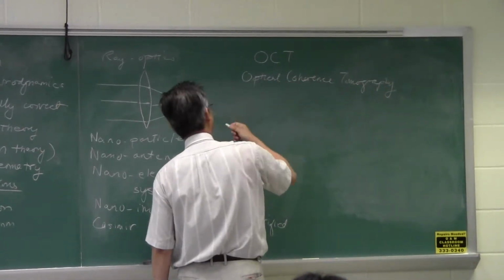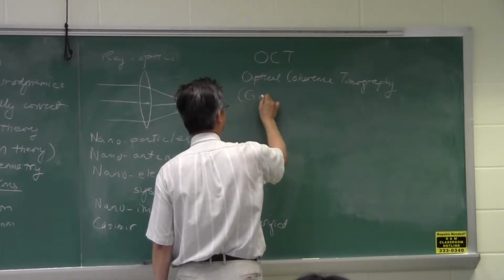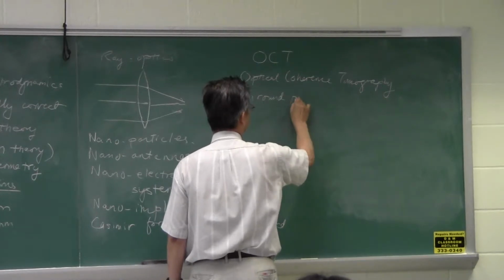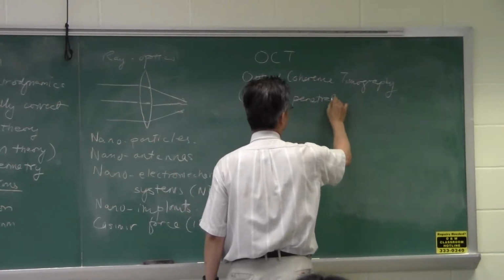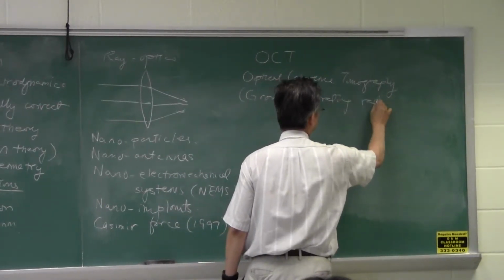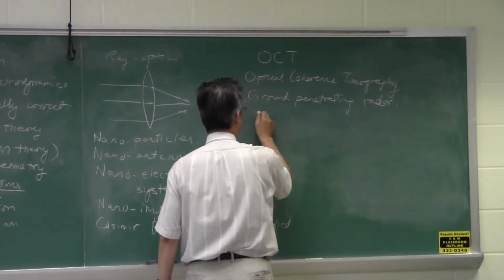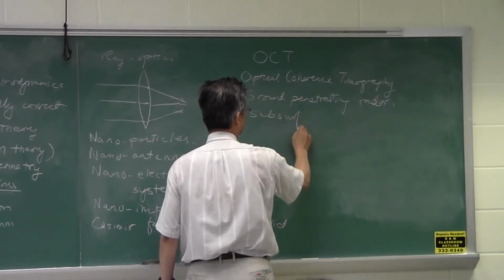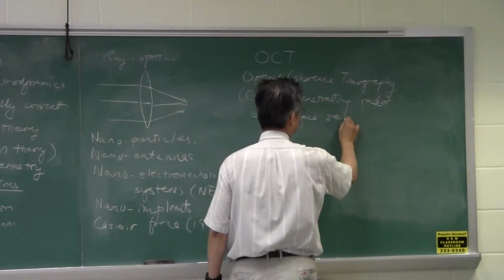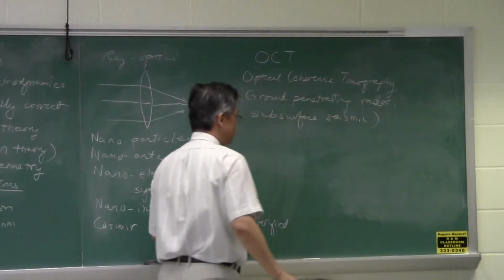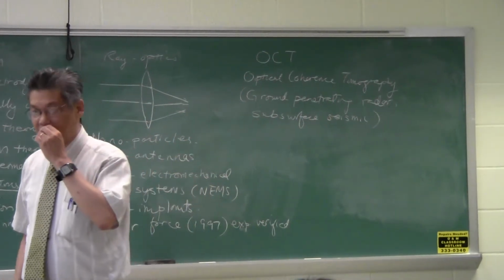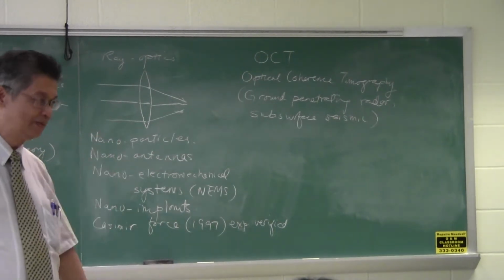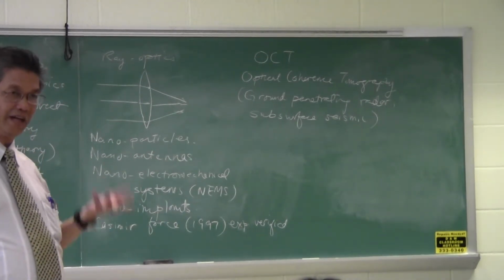This is, in my opinion, the same physics as ground penetrating radar, and also subsurface seismic. In ground penetrating radar and subsurface seismic, you send a wave into the ground and listen for echoes.